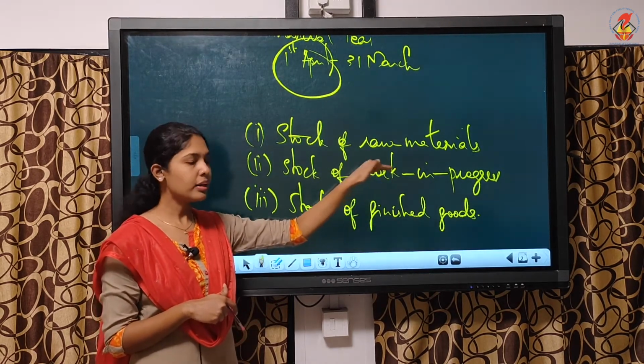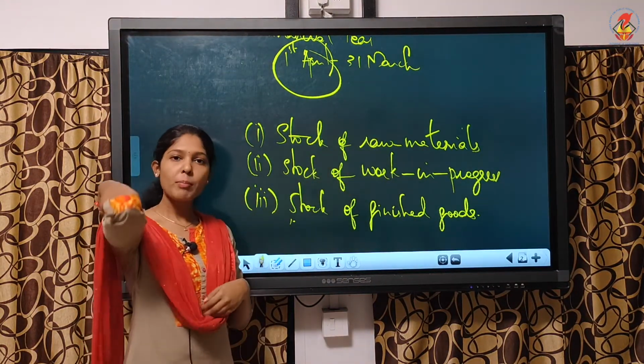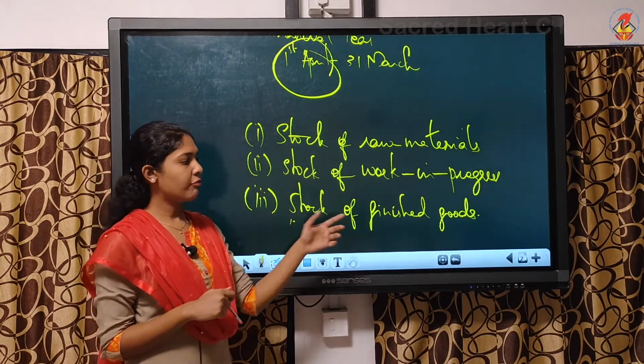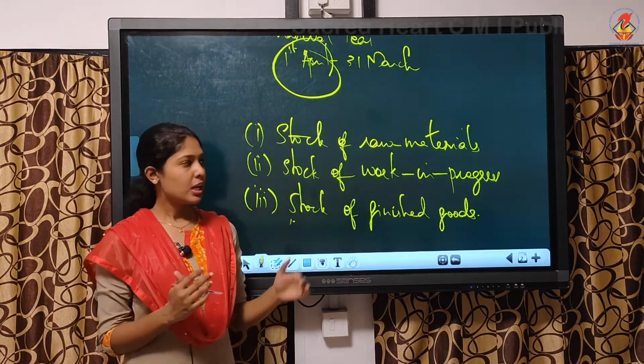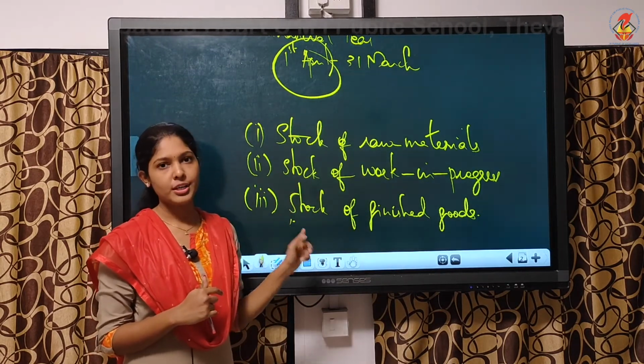So that is called work in process or work in progress, that comes in between raw materials and finished goods. Then we have stock of finished goods, that means the final product. All these three will be included under this head called stock.